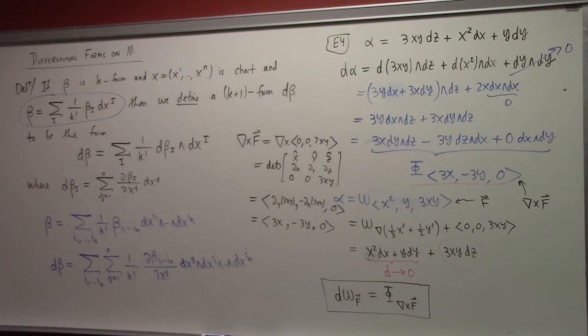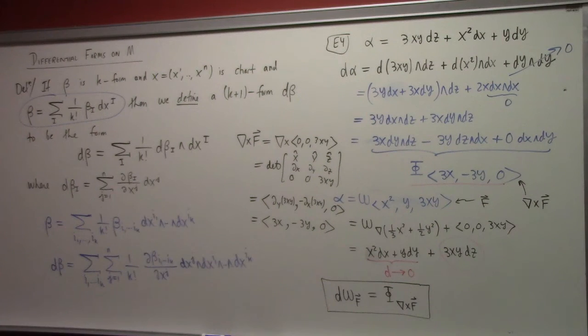Because you're introducing an extra differential, which is wedged with the others, you've gone from a p-form to a p+1 form. So in that sense, it's an exterior derivative. Generically speaking, d goes from the p-forms on M to the p+1 forms on M.